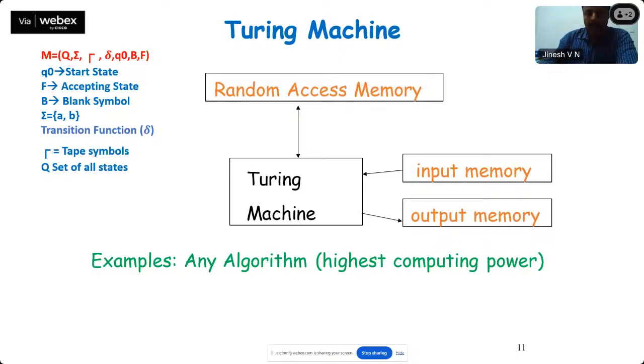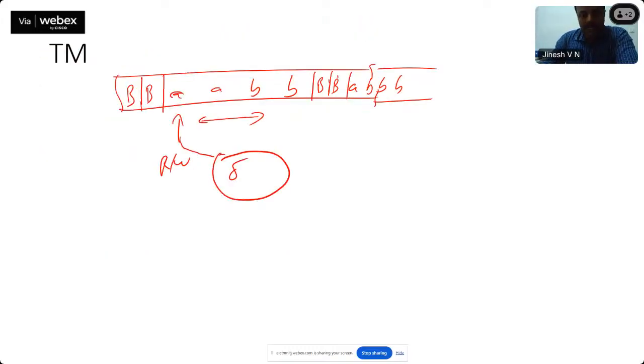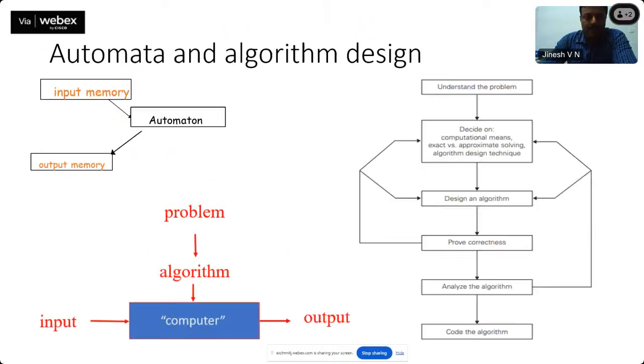Okay, so now we need to connect this idea with our quantum machines as well as our algorithms. We'll just see how we can use these ideas for designing the algorithm. For designing the algorithm, we will understand the problem definition or requirements.